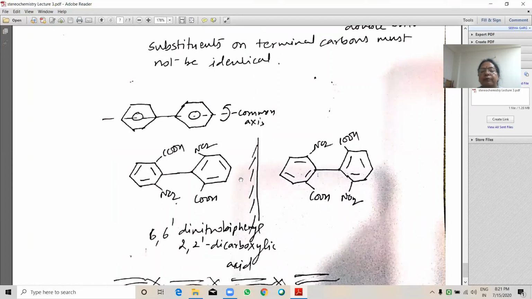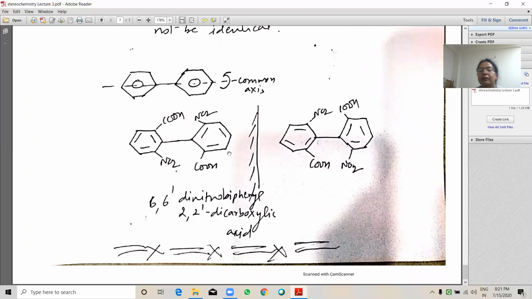This molecule's mirror image is not superimposable, so this molecule also has dissymmetry, and it is also called molecular chirality, and it is an optically active molecule. We can say they are enantiomers. Thank you very much for today's lecture.